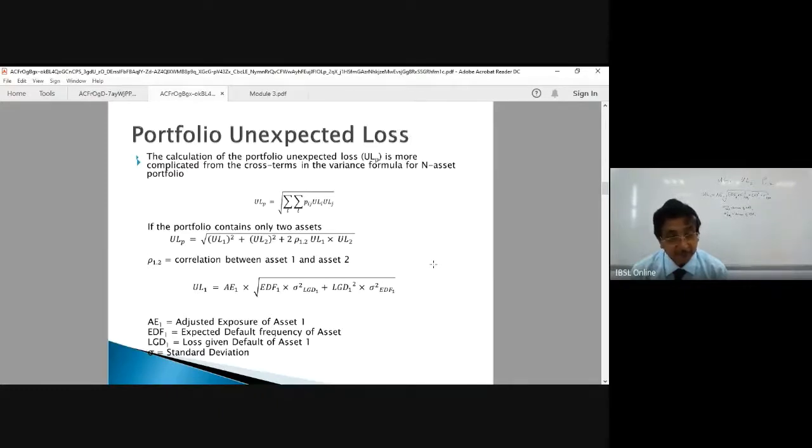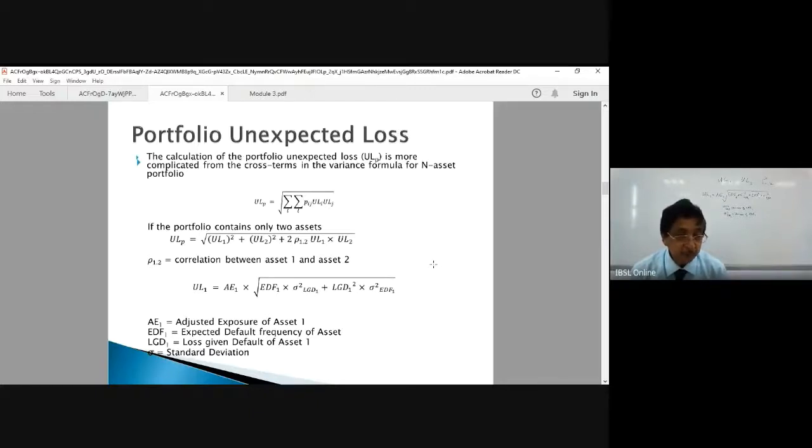And in the same manner, you think that EDF is also a variable and you have a standard deviation of EDF and you have to get the square of that standard deviation. We call it variance by the way. Square of the standard deviation is called variance.